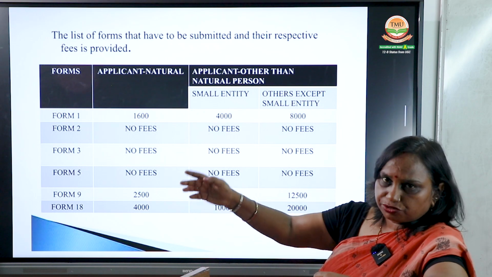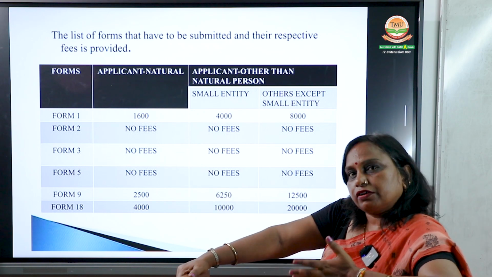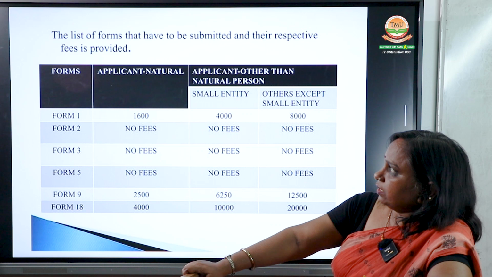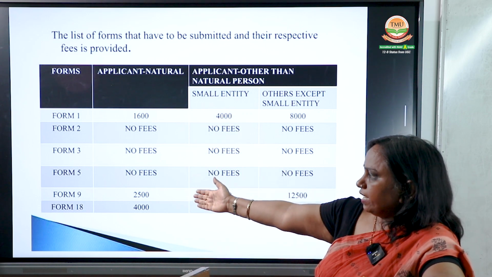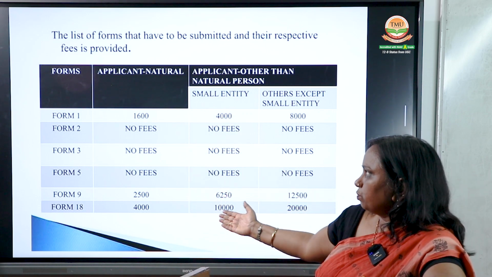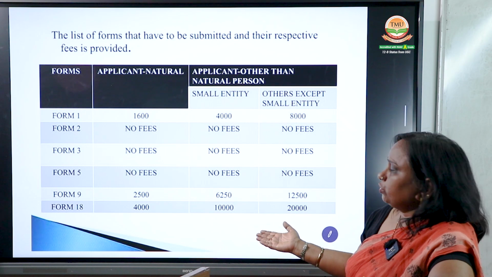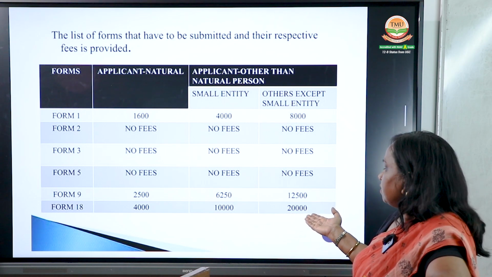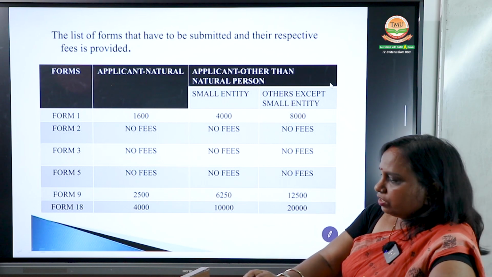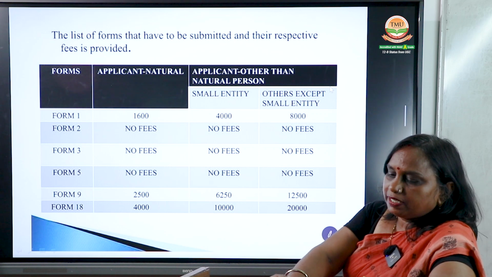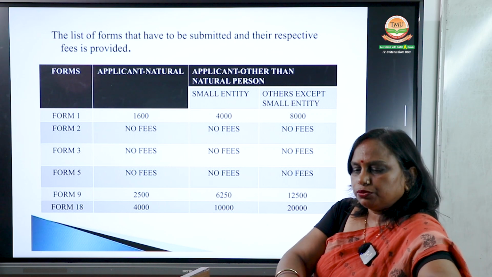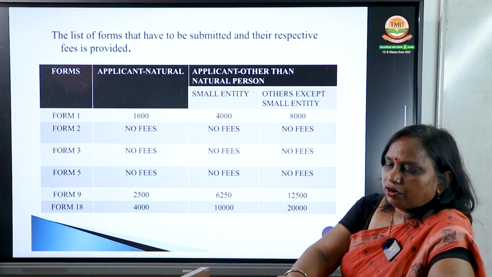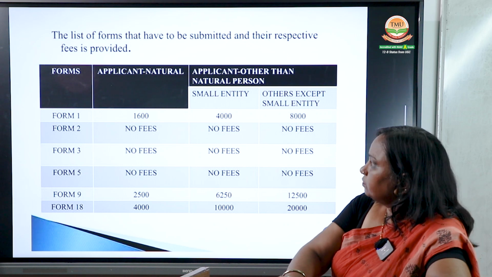And form 18, as you know, is for the request for examination, and if it is a natural person, then it is 4,000 rupees. For small entities, 10,000 rupees. For large entities, 20,000 rupees. So this is the fee which has to be paid to the patent office for the grant of the patent.